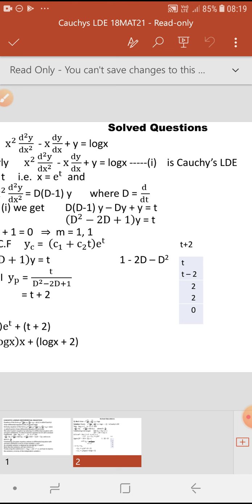So to find the particular integral, you have to divide the numerator by the denominator till you get a 0 remainder. But before dividing, the denominator terms are to be rearranged so that the powers of D occur in increasing order. So the denominator is to be taken as 1 minus 2D plus D square.